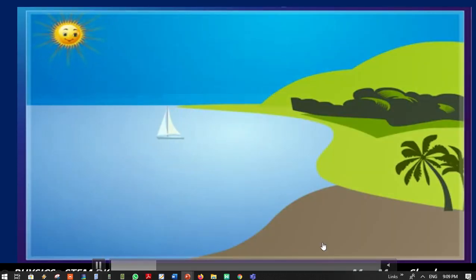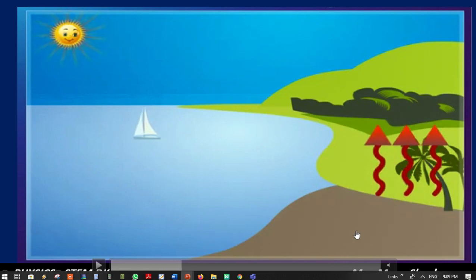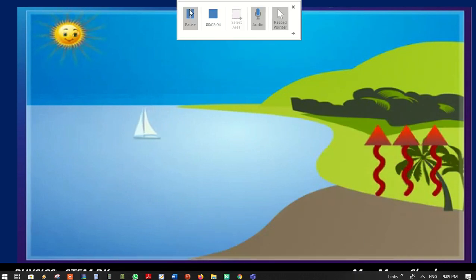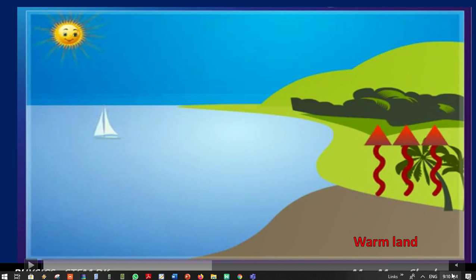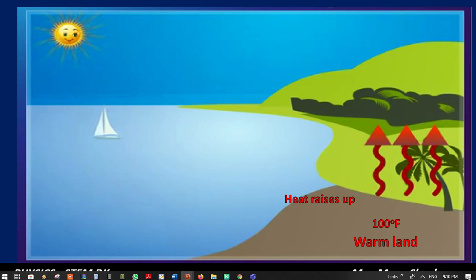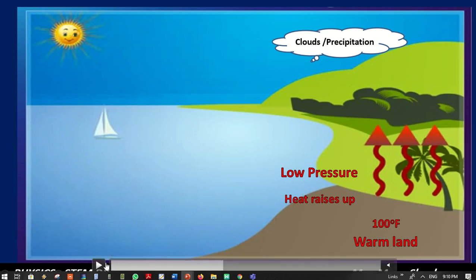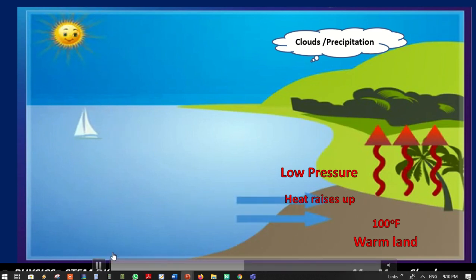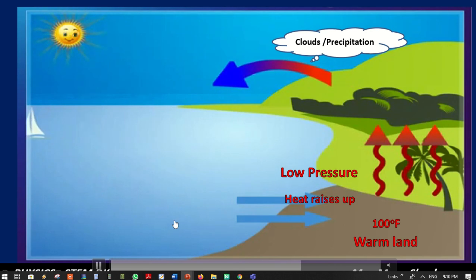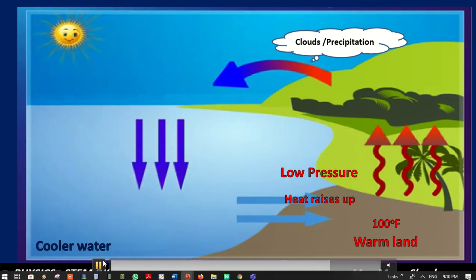At daytime, the land becomes hotter faster than water. So the heat rises up, and this region will become a low pressure area, and then there is a cloud of hot air that rises to the cloud and undergoes precipitation, and then comes down.